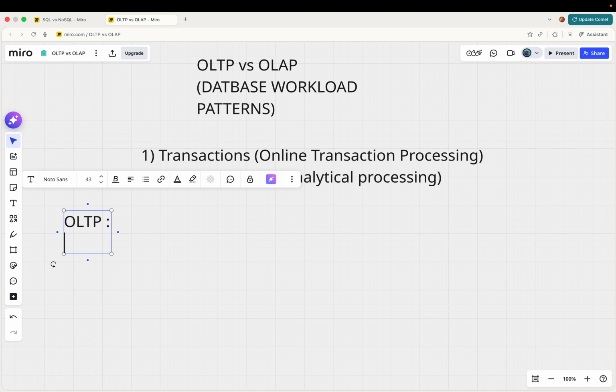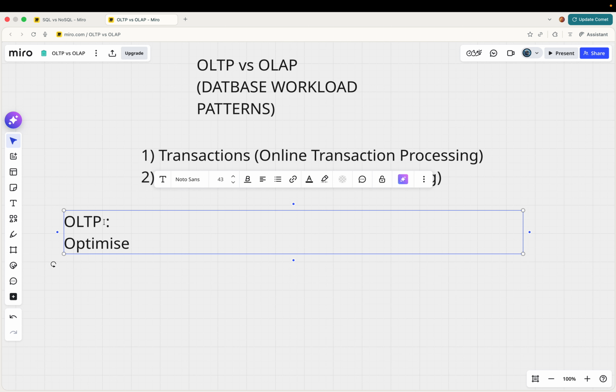So what have we learned about OLTP? An OLTP system is optimized for multiple concurrent small reads or writes.